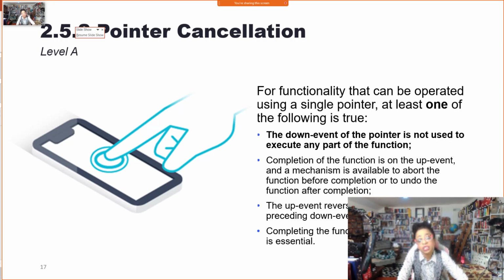They can get confused when something unexpected happens because they've activated a control by accident. So the intent of this success criteria is to make it easier for users to prevent accidental or erroneous pointer inputs. People who are differently abled in various ways can inadvertently initiate touch or mouse events with unwanted results.